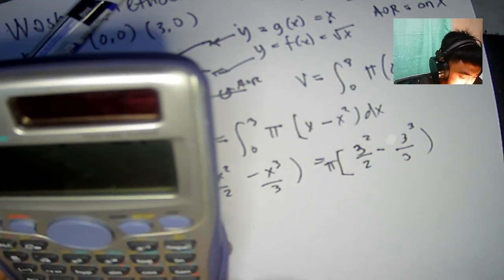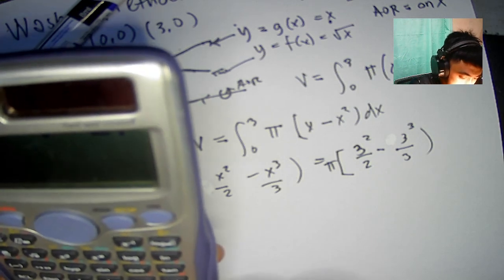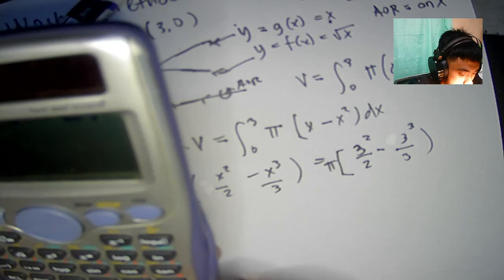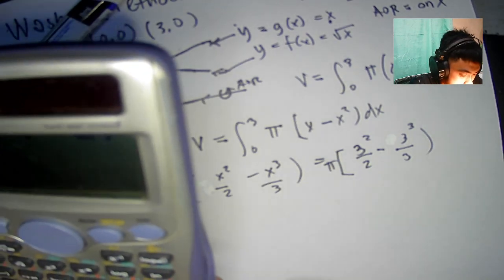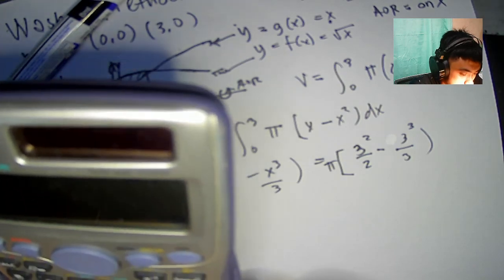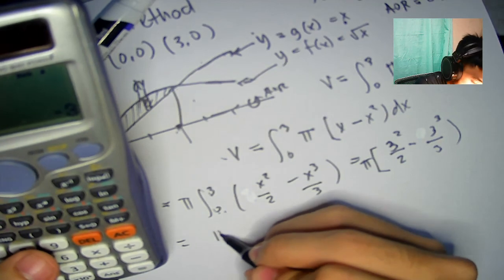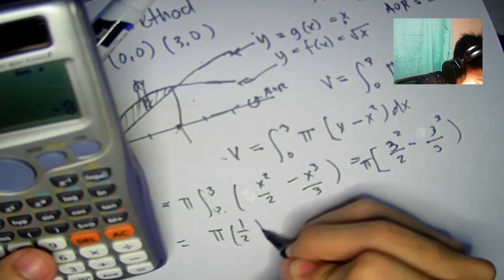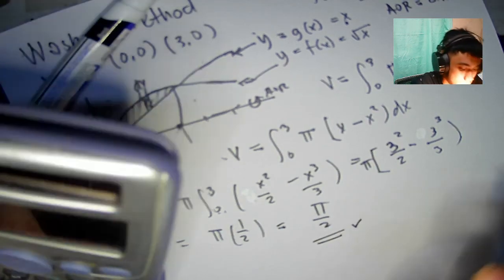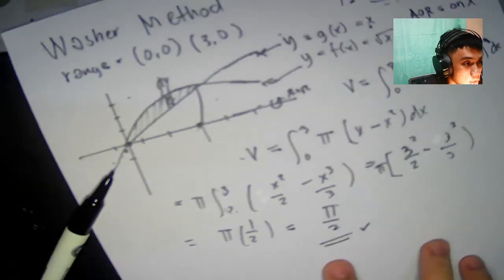Wait, 6 minus 2 times 3 is 9 times 27 divided. So we have pi over 2. Alright. So that is our final lesson.